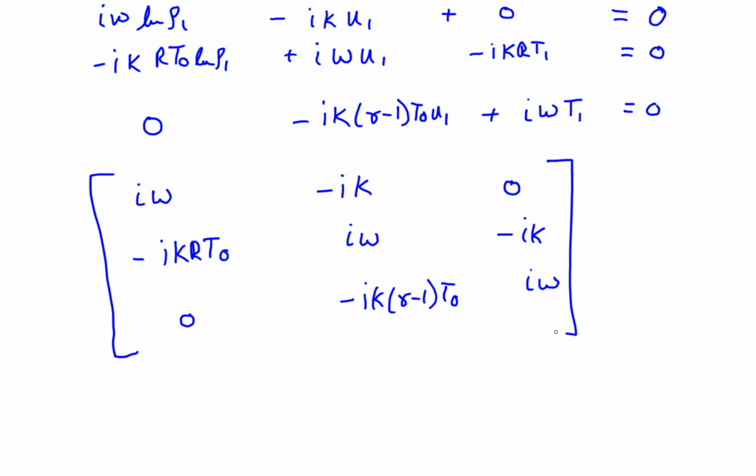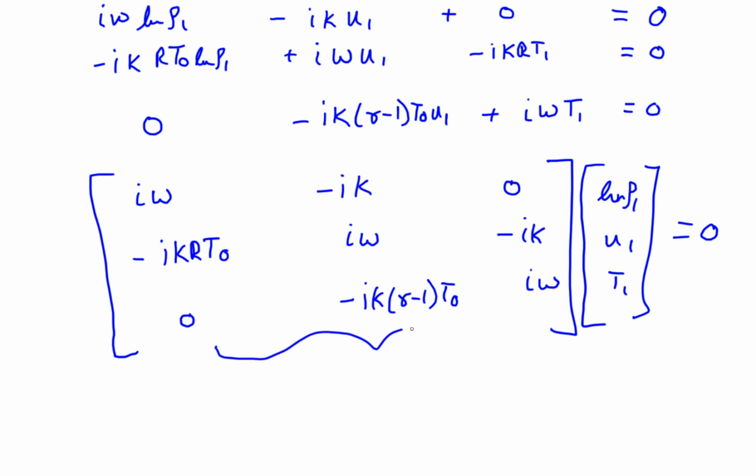This is our matrix operating on the vector of our variables, log rho 1, u1, T1, equals 0.